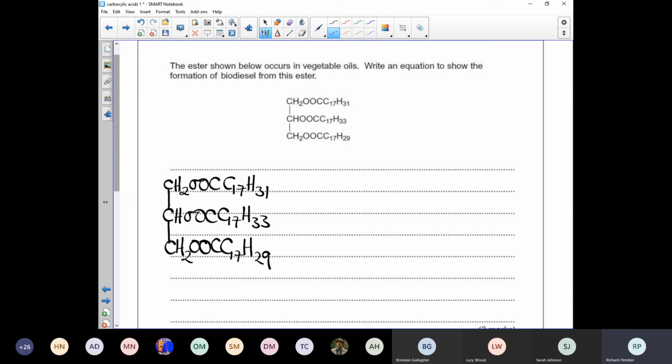And in making biodiesel, we've said already, so we will use methanol, and the methanol, so we're going to break, so remember here's the ester links, we're going to break those ester links, and we're going to make an ester with the methanol instead. I'll just reverse those round again.